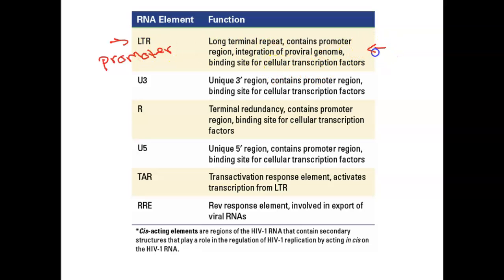So the long terminal repeat, especially the 5' long terminal repeat, has important promoter elements. And then we've already mentioned the TAR and RRE. The other regulatory elements just mentioned, again, these are important for binding to cellular transcription factors and regulating the course of HIV replication.